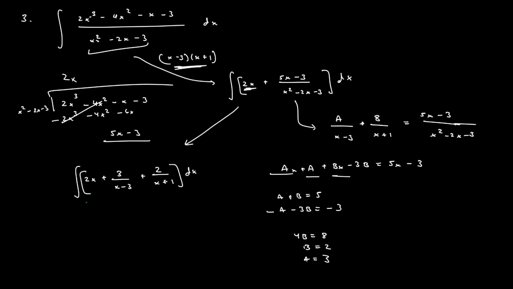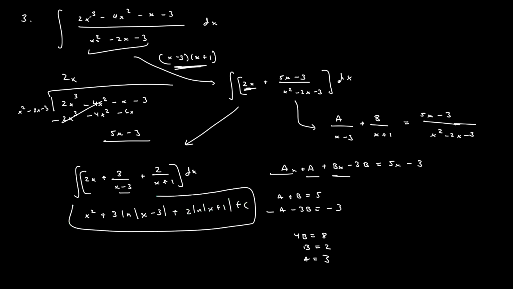And therefore we can finally find the integral of this by finding the antiderivative of each term, and this is simply x^2 + 3 ln|x - 3| + 2 ln|x + 1| + C. There it is. Let's continue doing more examples.